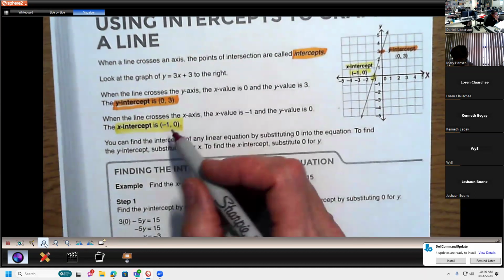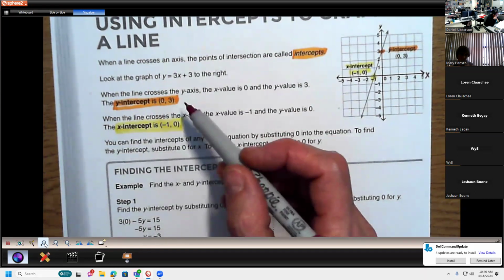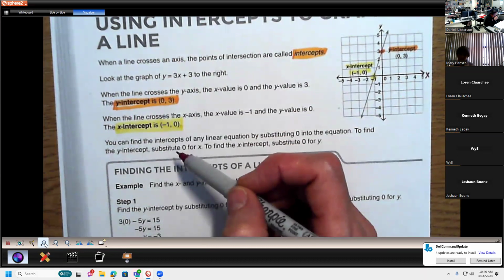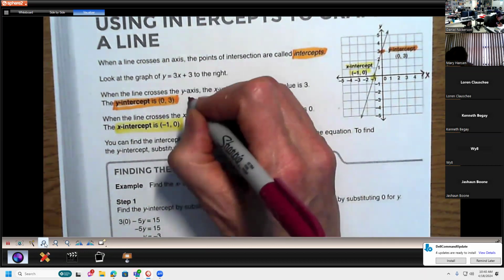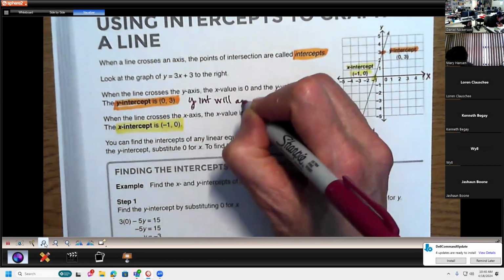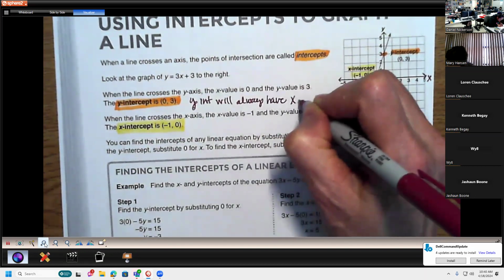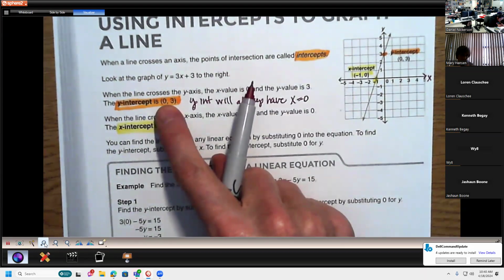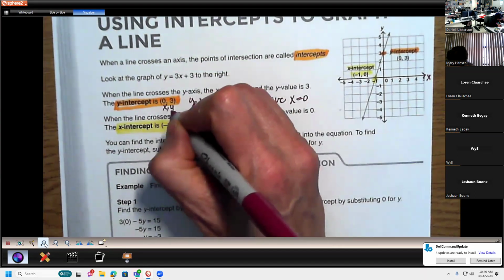If you look at the coordinates of the y-intercept and the x-intercept, one observation you might make is both of those coordinates have a 0 in them. The y-intercept will always have x equal to 0. The first coordinate will always be 0 in our x and y.